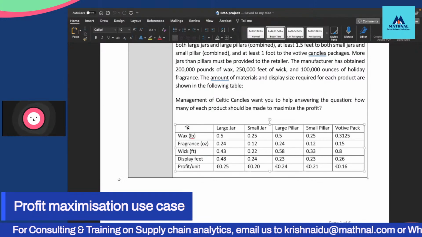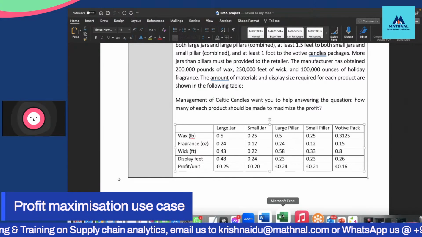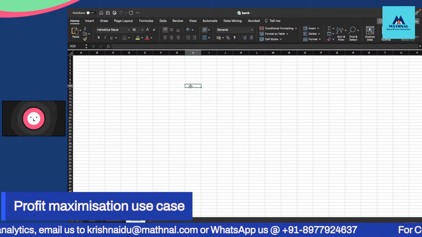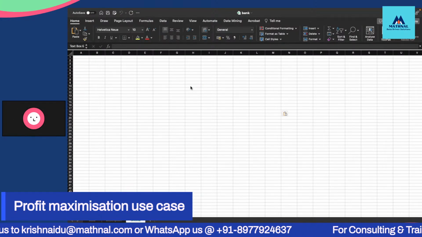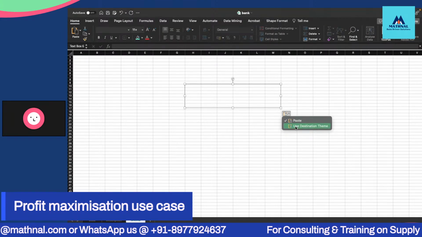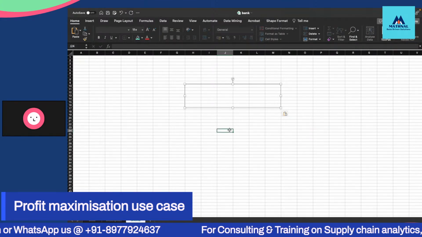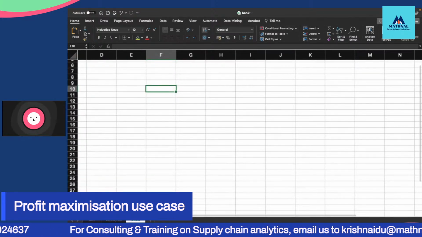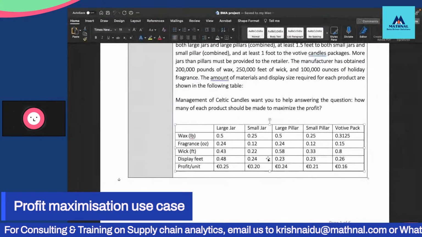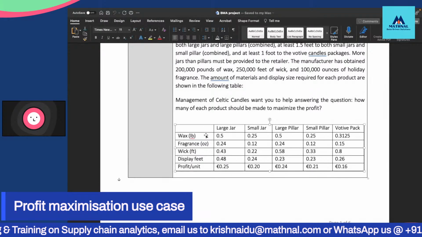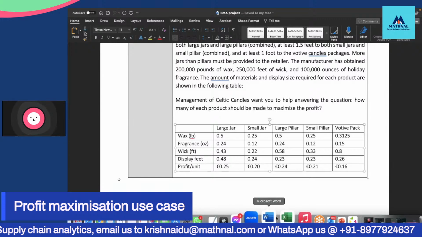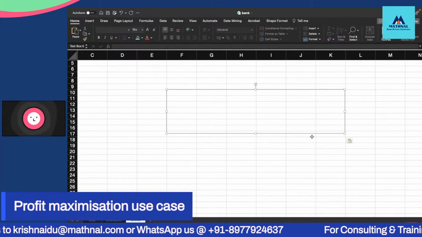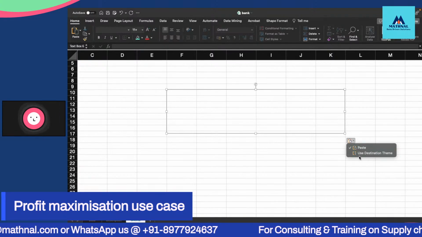So let's do one thing. Let's copy this data into an Excel sheet. Sorry for that. We're not able to see anything over here, so let me try once again. Control C. Paste, use destination theme.